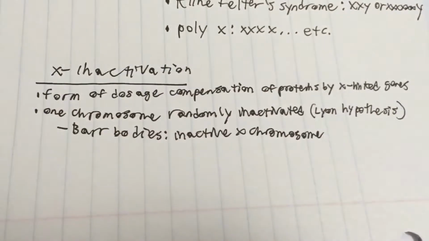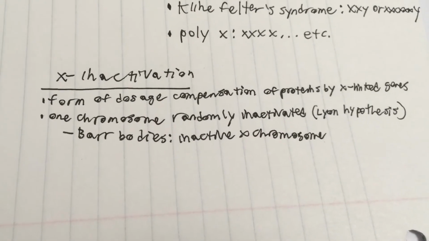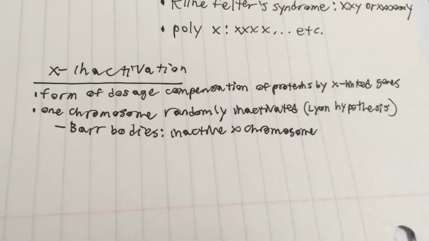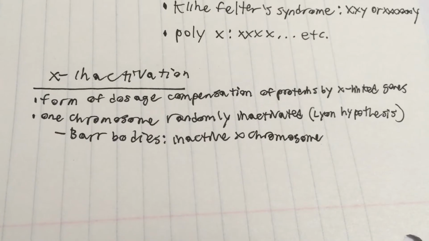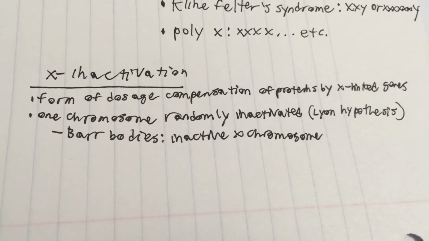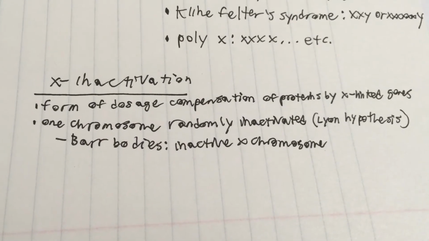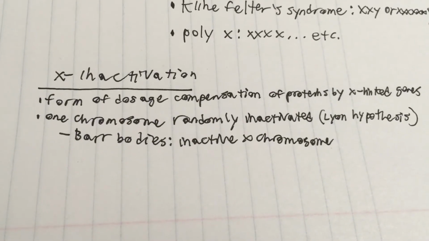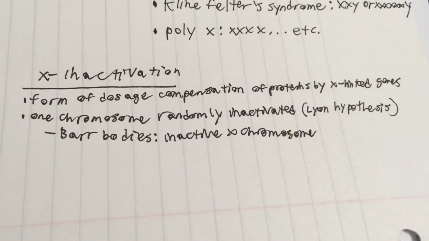Now let's talk about a thing called X inactivation. Females have 2 X chromosomes, but which of those chromosomes is going to get expressed in each cell? Well, that's where X inactivation comes in. X inactivation first came about with a hypothesis called the Lyon hypothesis, which theorized that one chromosome is randomly inactivated and the other expressed in each cell.